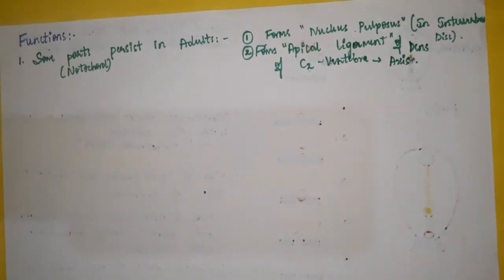Now, second function. See, formation of notochord determines the craniocaudal axis and right and left sides of embryo. In embryonic stage, if one wishes to determine the craniocaudal ends and sides of the embryo, notochord helps.